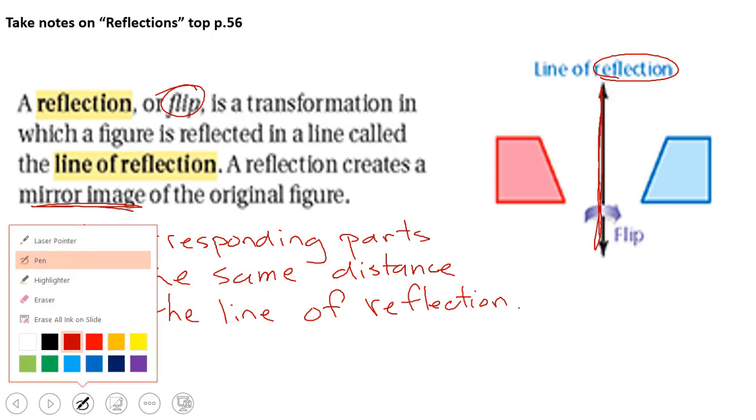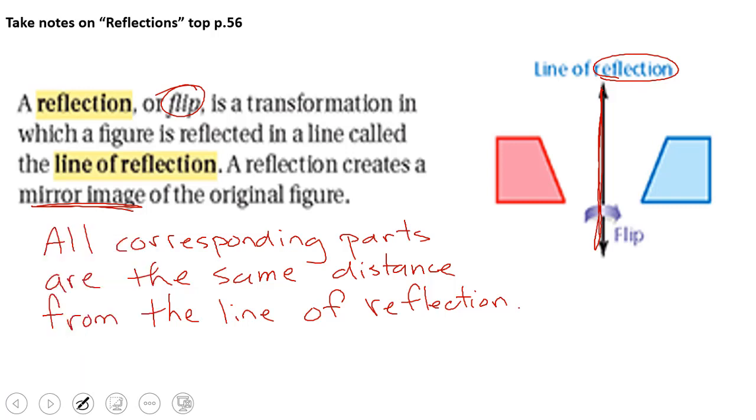So here's how we look at that. If I take this point, I'm going to make it black just because. If I make this point right here, and I measure that distance to the line of reflection, let's say that distance is 4, whatever, makes no difference. Well, the corresponding point on the image would be this point right here.